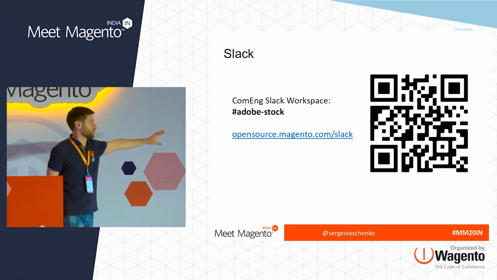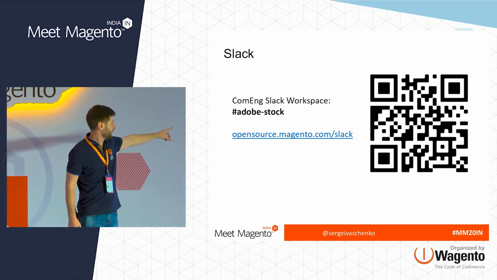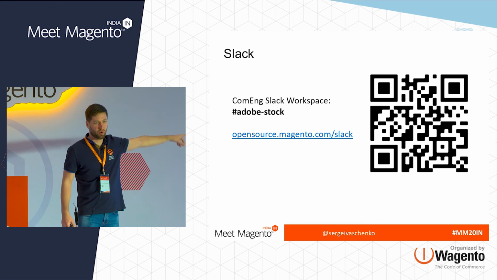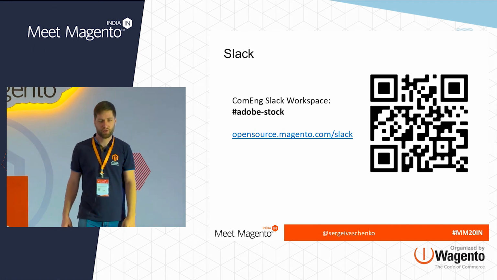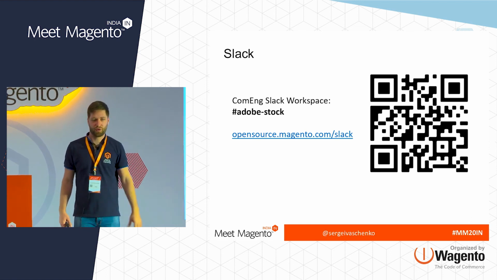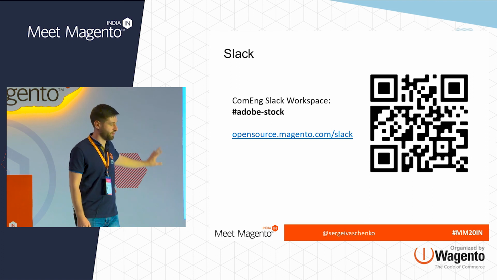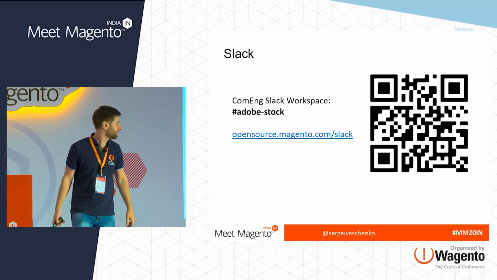Our main communication point is the Adobe Stock channel on Slack, and this QR code is, by the way, the link to Community Engineering Slack. If you are not there yet, I recommend you to join, because lots of interesting stuff is going on there. There are channels for all possible projects, all possible interests.